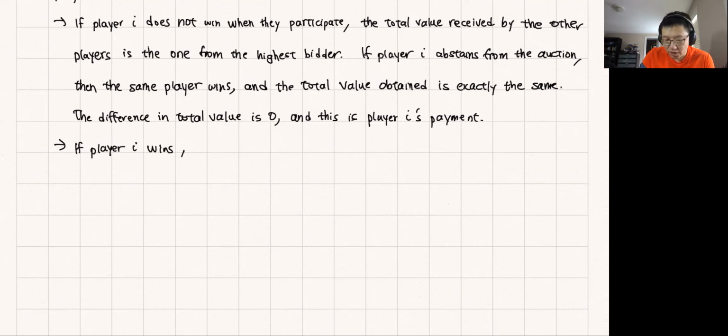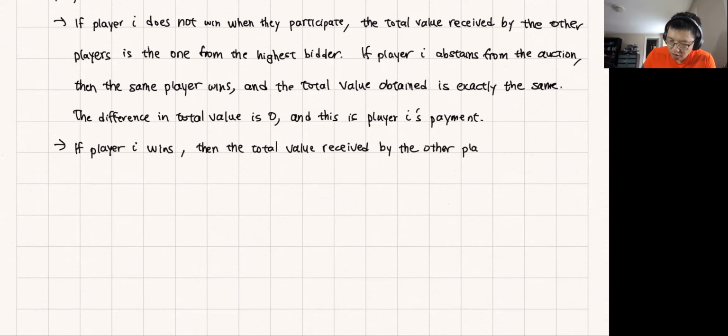So the total value received by the other players is zero, because player I takes all the value out of this auction.